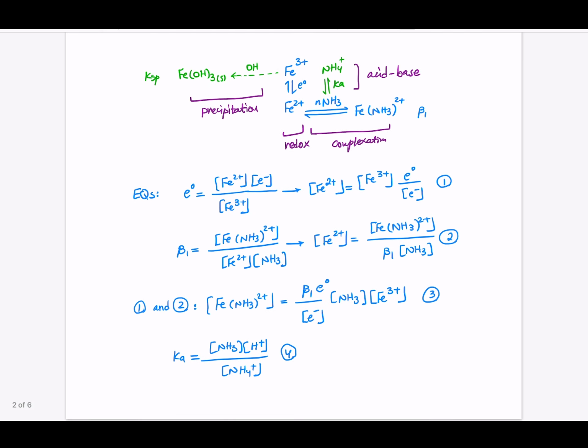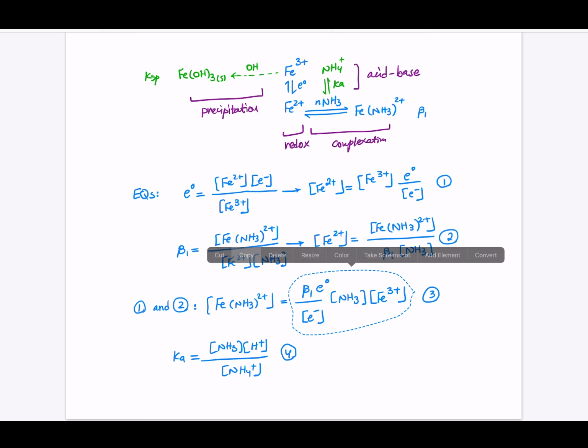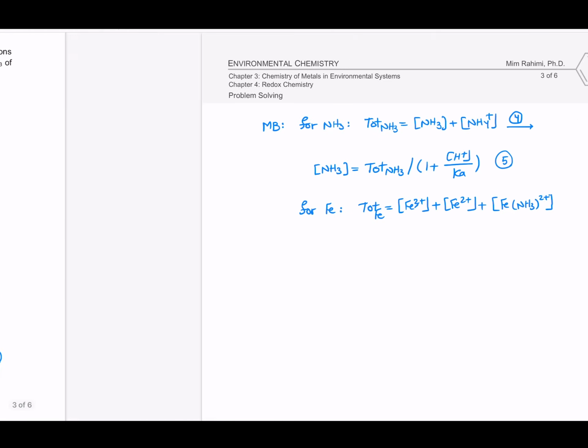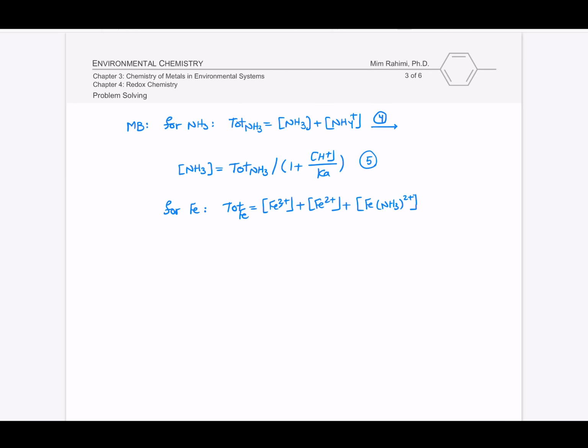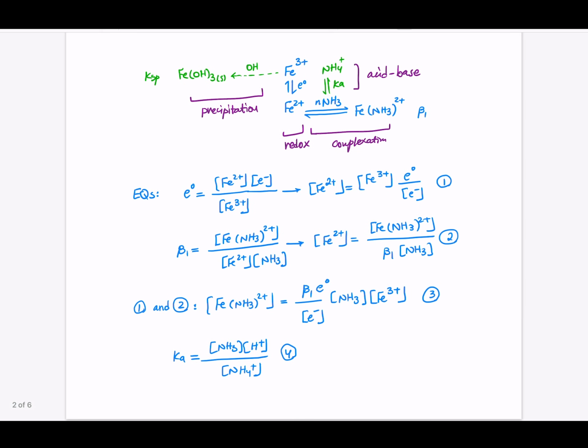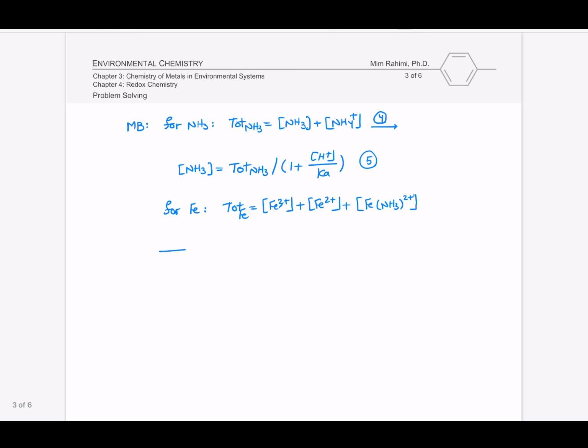So we use equation 1 and equation 3 to replace the concentration of either the complex or Fe2+ as a function of Fe3+, to simplify. Let's replace them based on equation 1 and 3.